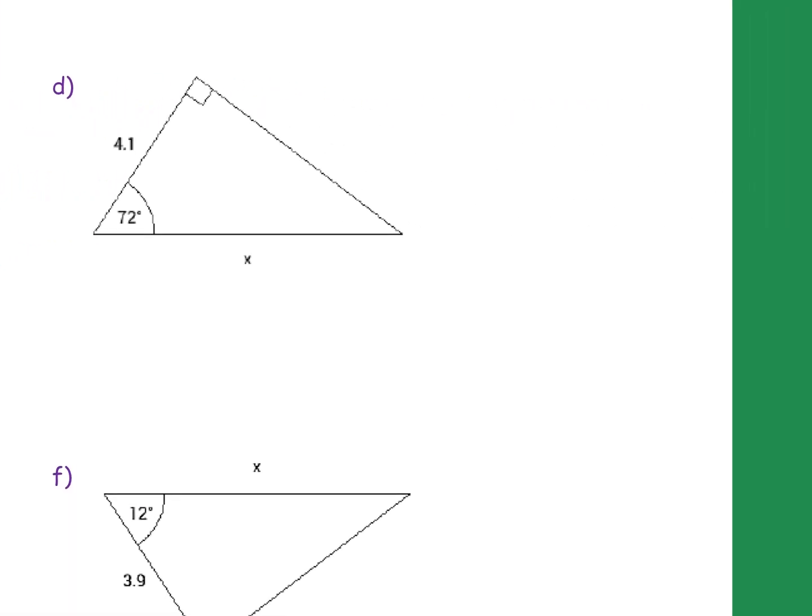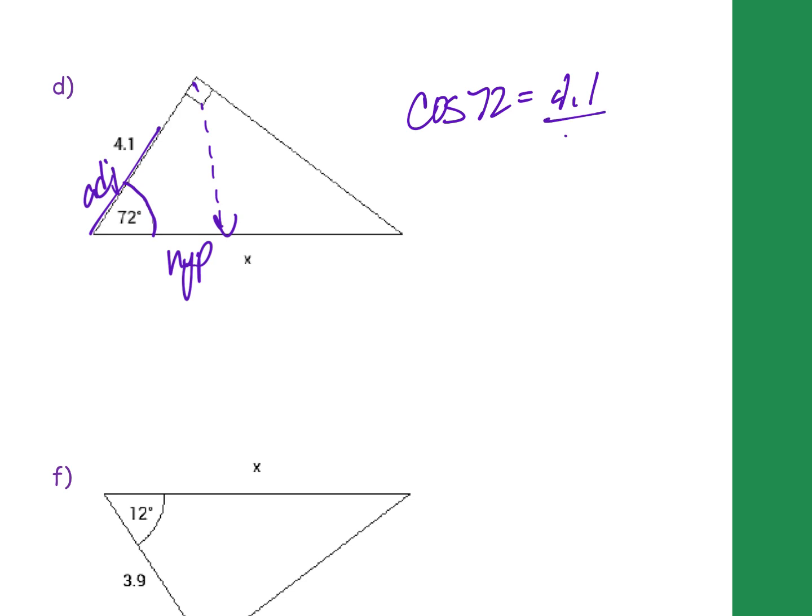All right. D, here's my angle. Here's my hypotenuse, my side adjacent. So I've got the cosine of 72 equals 4.1 over x. X cosine.